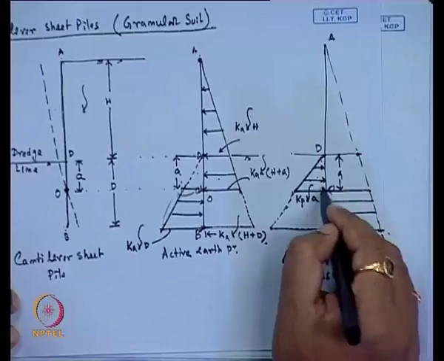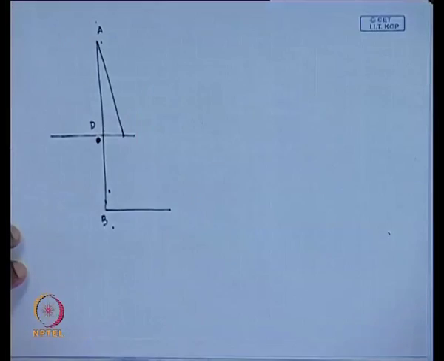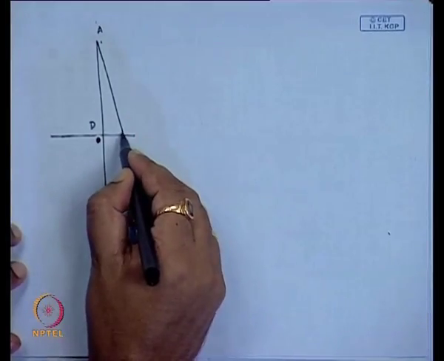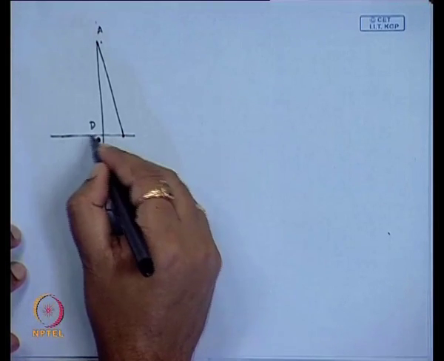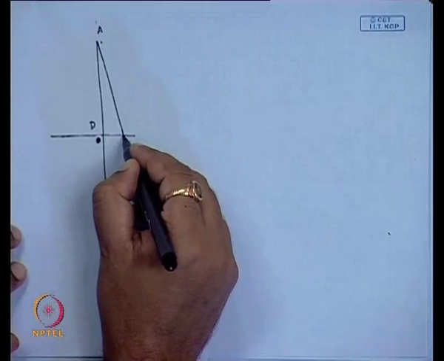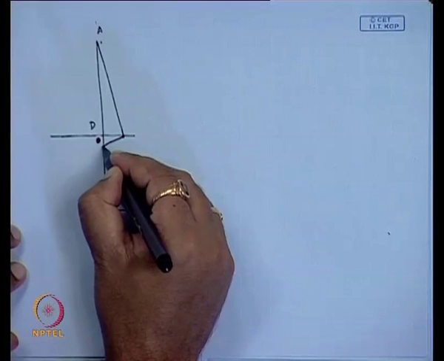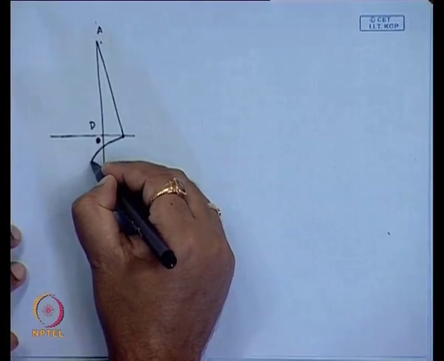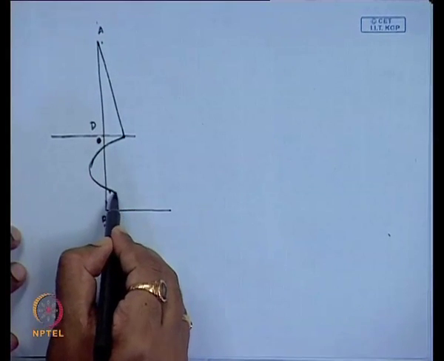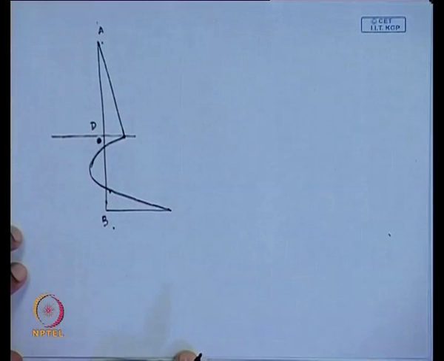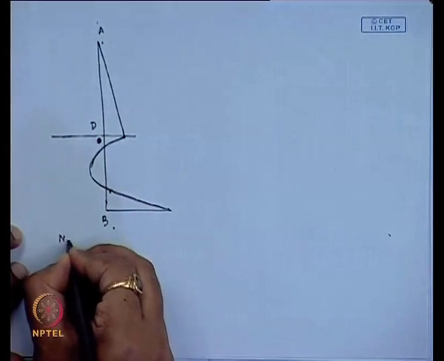So, two portions it will cross. So, the final diagram, up to this point is active, then the passive will start acting, then it will go this side, then again the passive force is more in this portion, then it will go this side and follow this pattern. So, this will be the net pressure diagram.